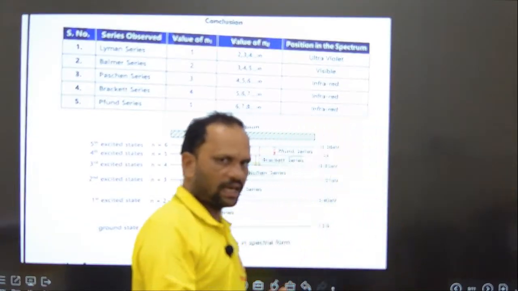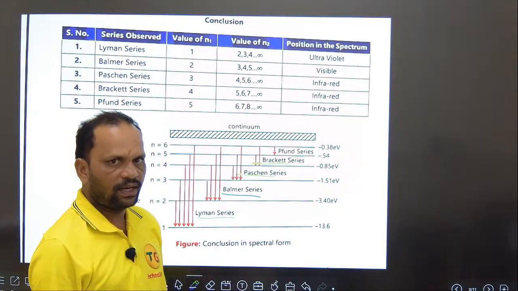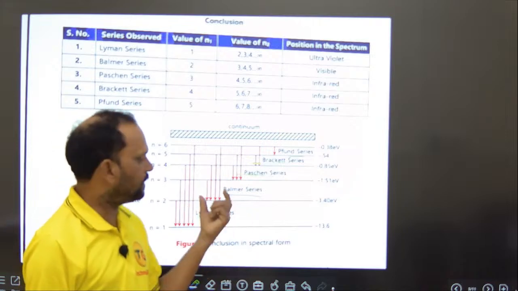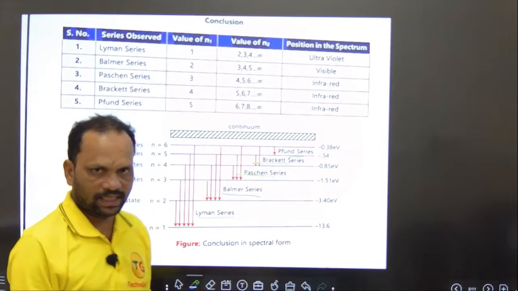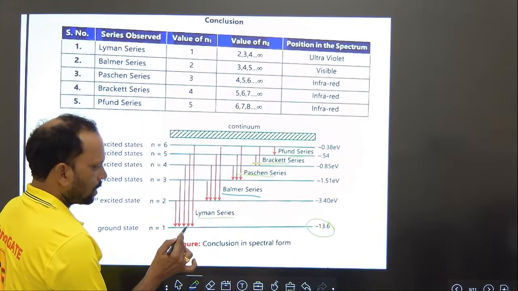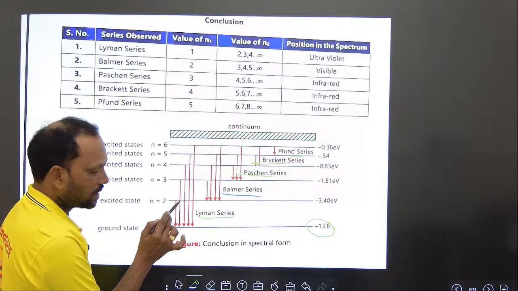Whenever an electron jumps from a higher energy level to a lower energy level, it radiates some particular energy at a particular wavelength. Depending on the wavelength, we divide them like this. First one is the Lyman series. In this Lyman series, this is the ground state, so all electrons jump to the ground state.